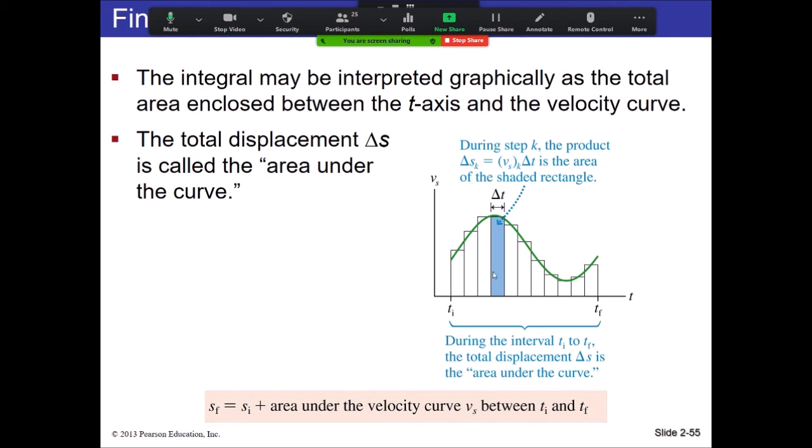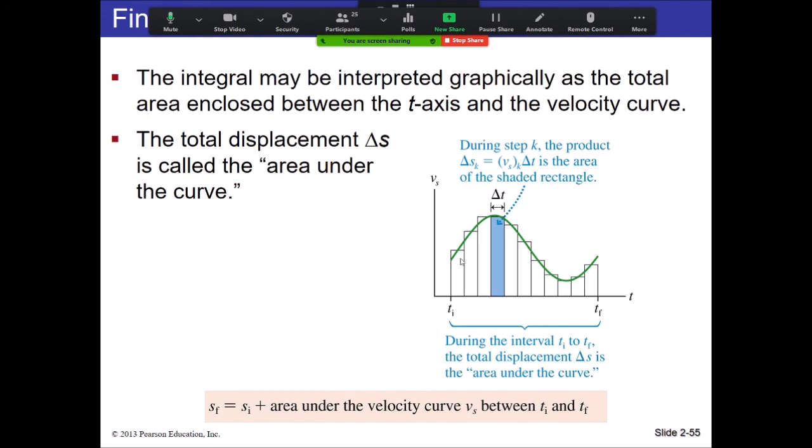So if we work out these small little areas bounded by the graph, we're working out basically tiny displacements that are occurring. So then we could just add up these rectangles from start to finish, and the total amount of area that we determine, right, is going to be the overall displacement.